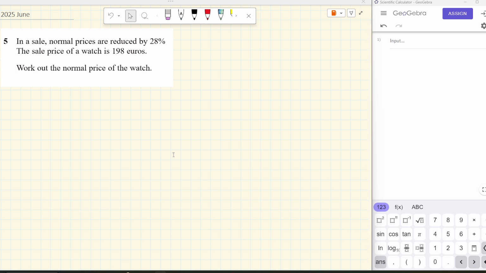In a sale, normal prices are reduced by 28%. The sale price of a watch is 198 euros. Work out the normal price of the watch. Normal price, sale price.